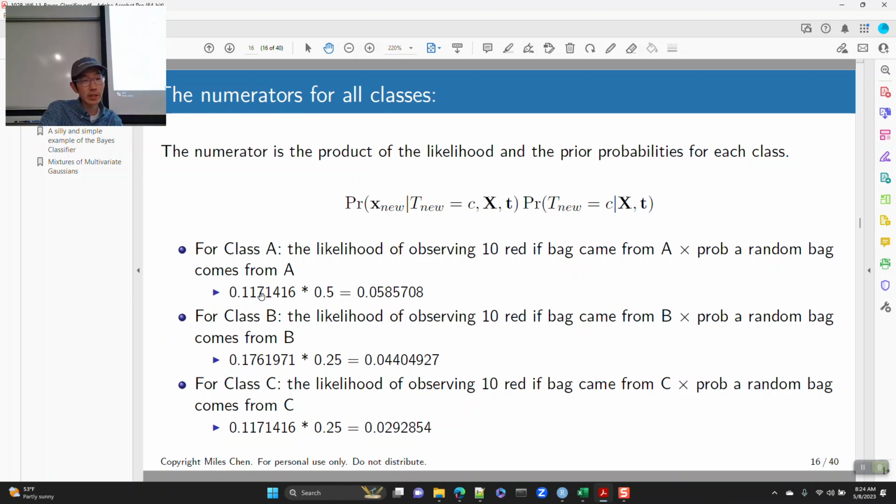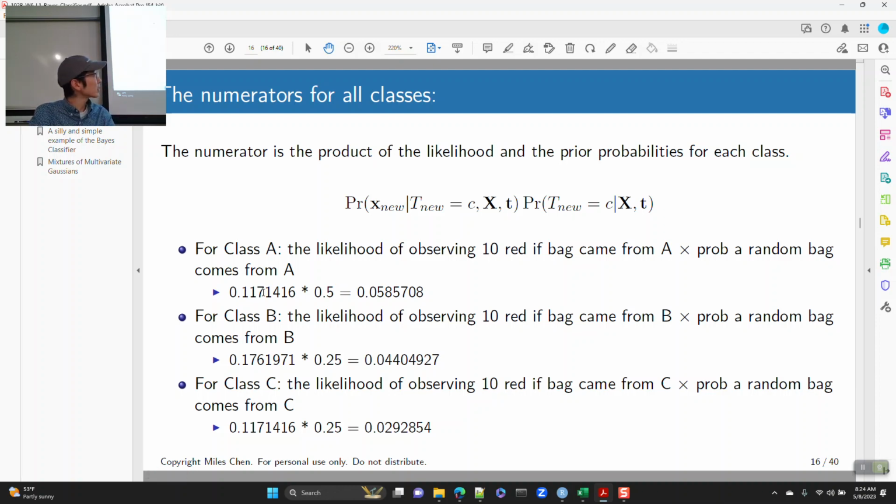We take the likelihood number which we calculated using binomial, and multiply it by the prior probability, which we calculated by doing a proportion. So the numerator for class A is 0.058, the numerator for class B is 0.044, and the numerator for class C is 0.029.